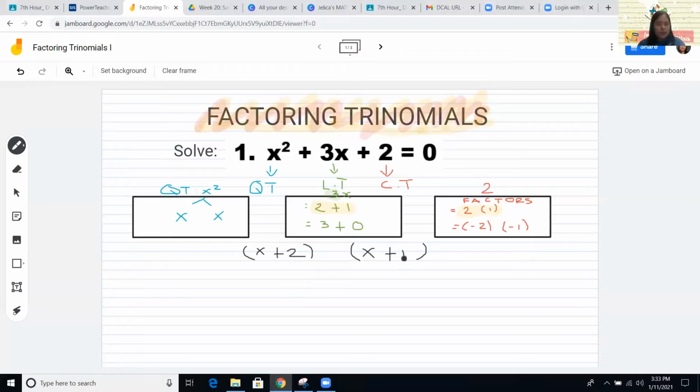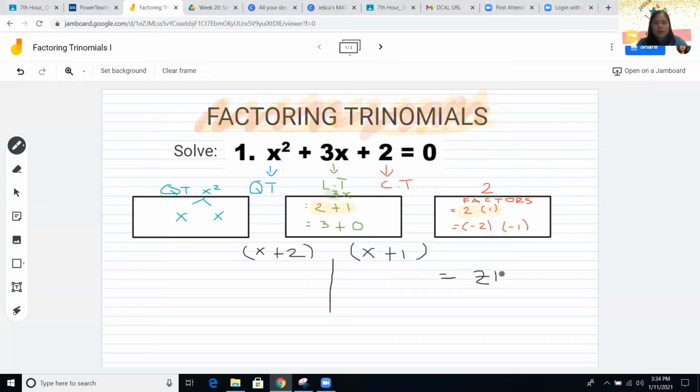We already factored it. Now, to find the roots, the value of x, those are the factors. If you are asked for the factors, to factor the trinomial, those are already the factors. Now, if they ask what the zeros or the roots are, we will apply the ZPE to equate both equations to zero to find the value of x. What is ZPE?